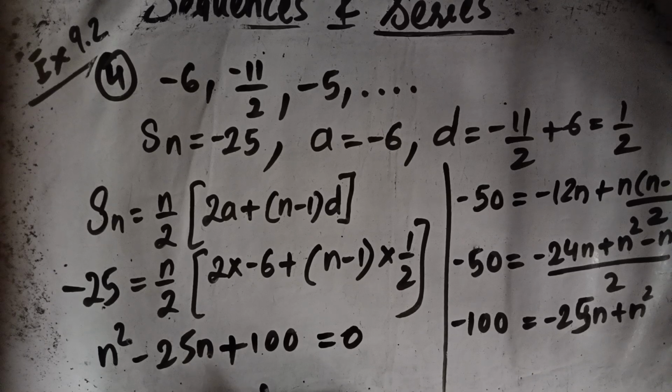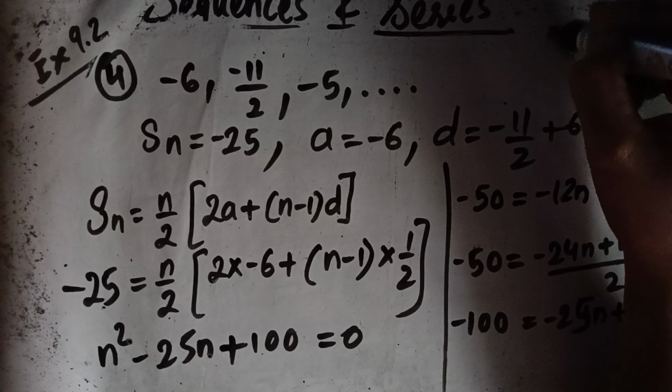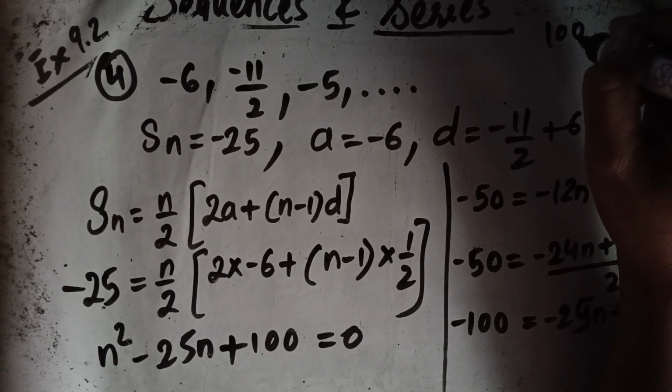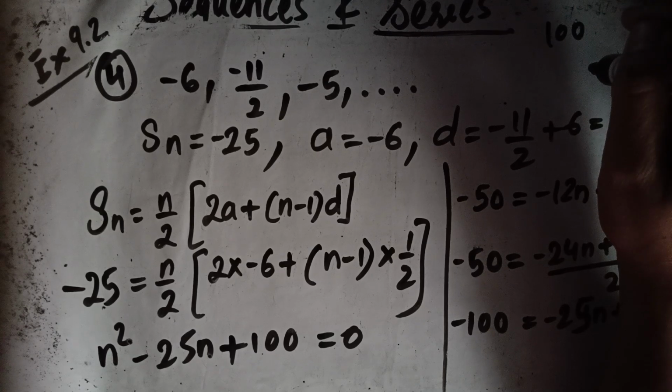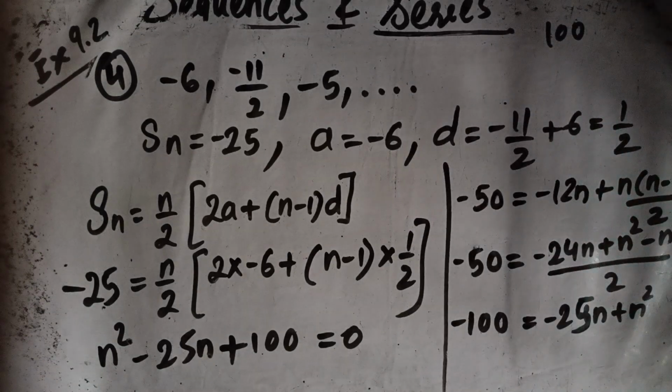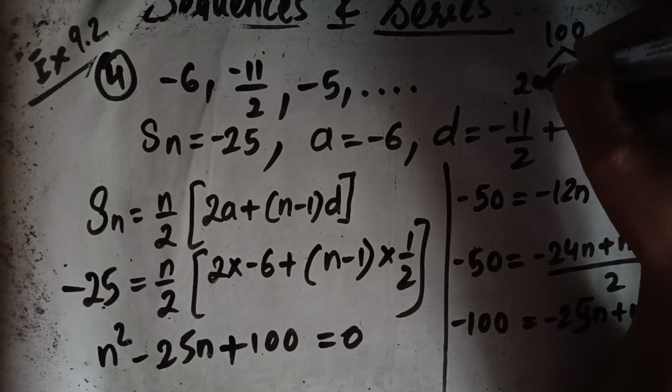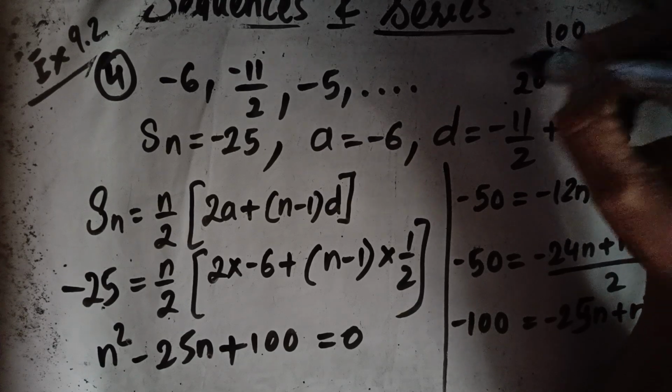Okay. So you have to solve this quadratic equation now. 100, 25 fours are, 2 fives are, 5s are.